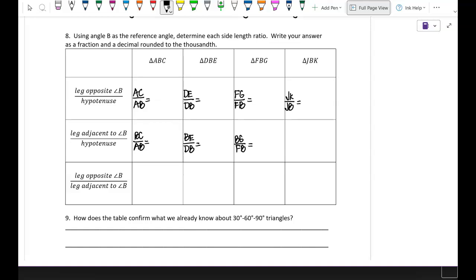And for triangle JKB, that would be BK over JB. And then that last row is just taking the numerators from the first two and putting them. So here I have AC over BC, DE over BE, FG over BG, and JK over BK.